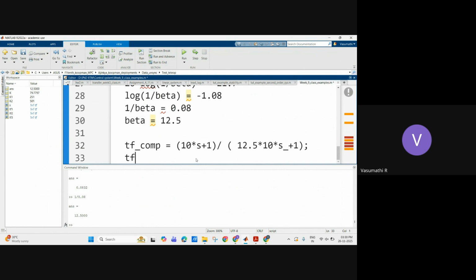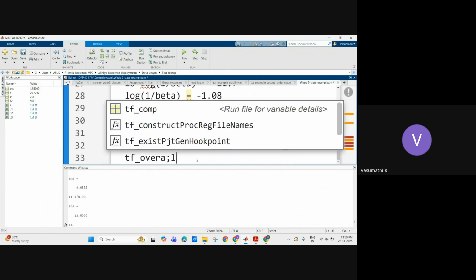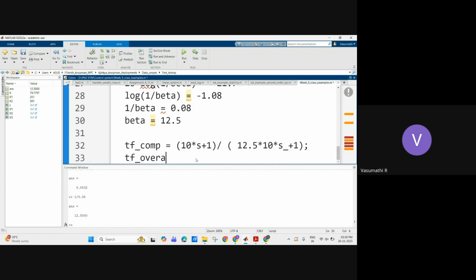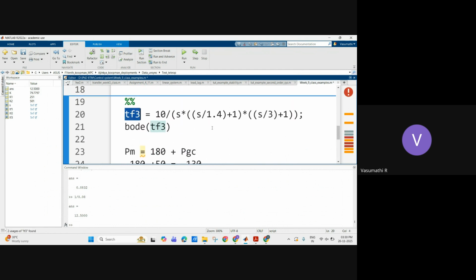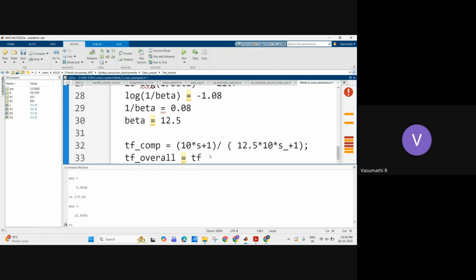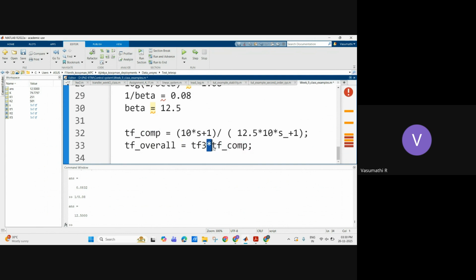So the original overall system will be TF3. We have found TF3 is our original loop transfer function, right? TF3 into TF compensated. This is the lag compensator we defined. This is the overall system.